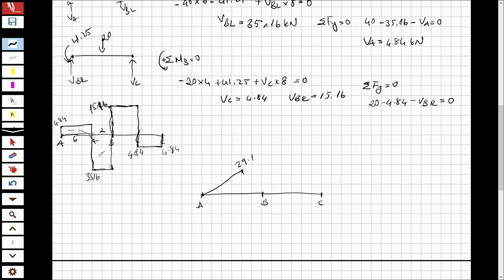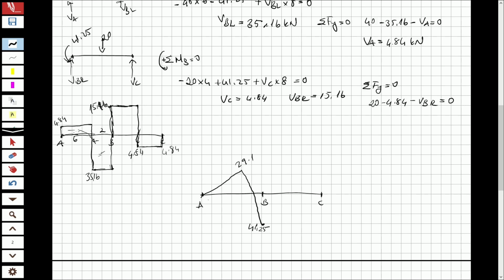I'm going to do 35.16 times 2 minus 29.1. So that will come to 41.25. Sorry, I couldn't draw well. I'm going to delete this. For example, this will be 41.25.